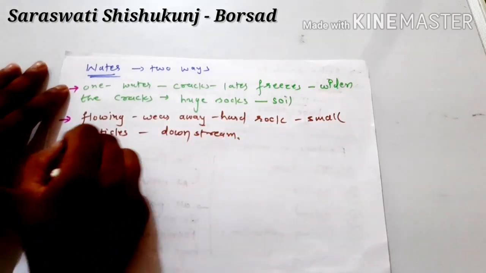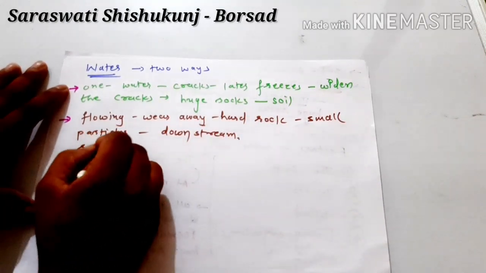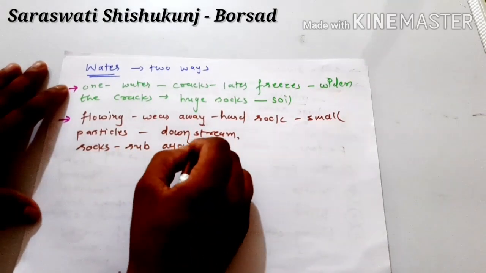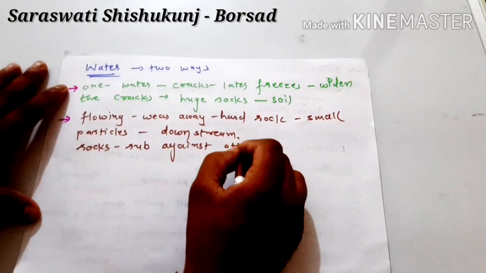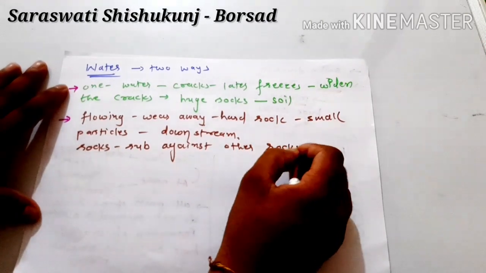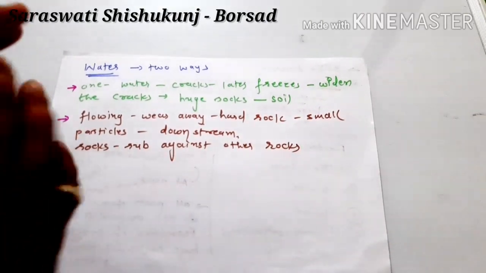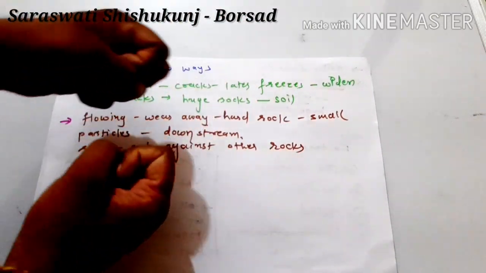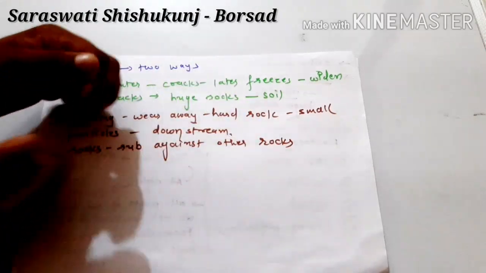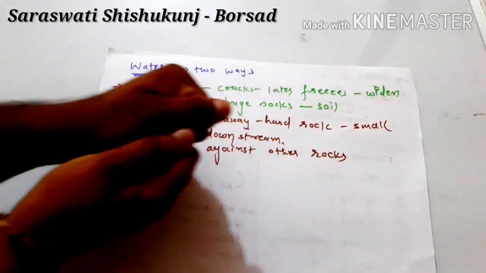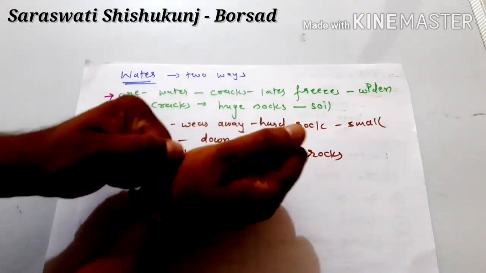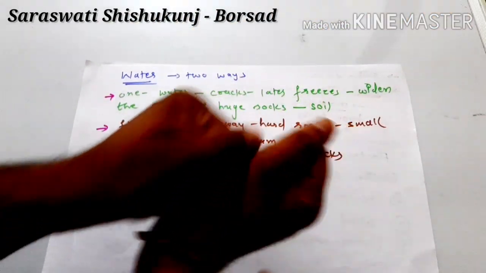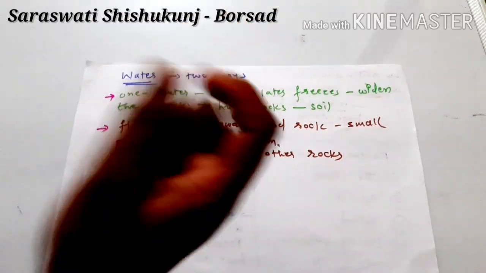During this process, the rocks rub against other rocks. So see, when the water is flowing, the particles of rock during that flow are going to rub each other, and during this process of rubbing against each other, they will get separated and break down into small particles, right?